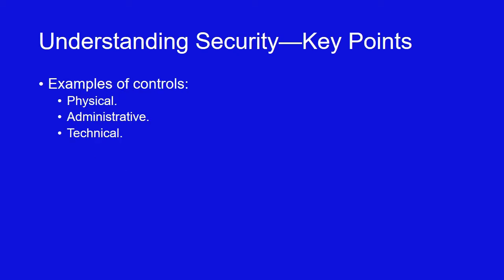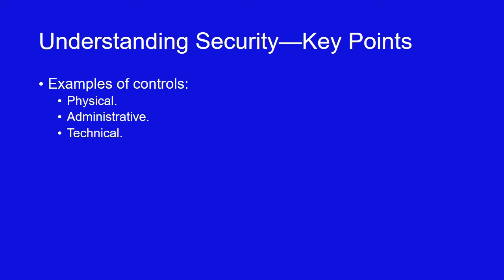To the point I made earlier about controls, we can certainly focus on the technical controls, but really when we look at controls, there are physical, administrative, and technical controls. Examples include physical security, or lack thereof, that could lead to a cyber incident.